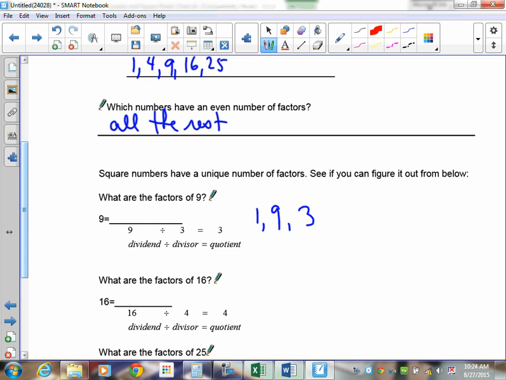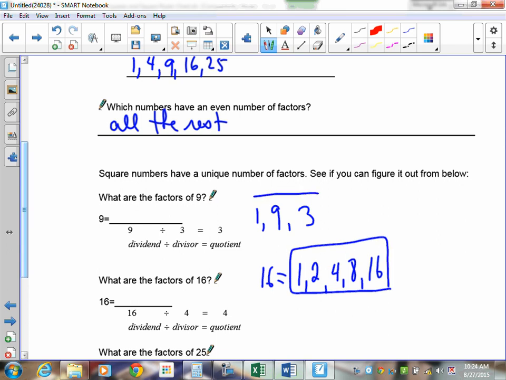For 16, what are the factors of 16? 16 divided by 4 is 4. We got 16. The factors of 16 are 1 and 16, 2 and 8, and then 4. Those are the factors of 16. These are the factors of 9. 1 and 9 and 3.